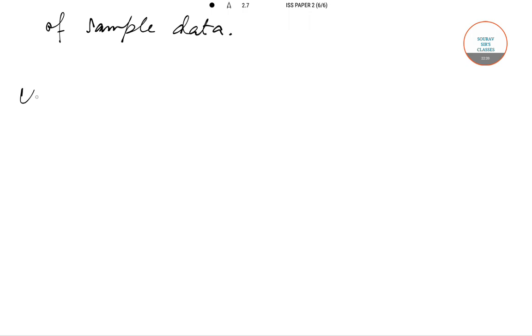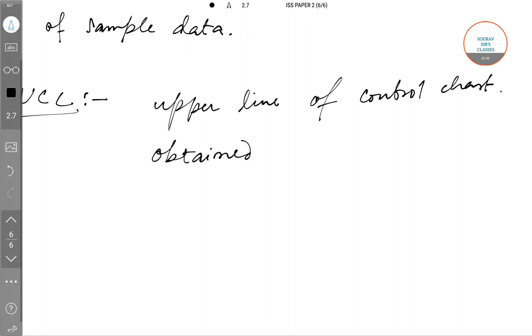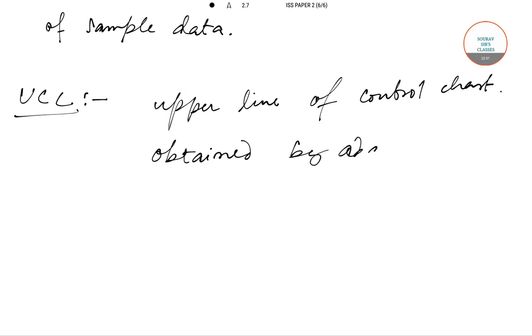Now UCL, that is upper control limit. Upper control limit is the upper line of the control chart, and it is usually obtained by adding 3 sigma to the process average.